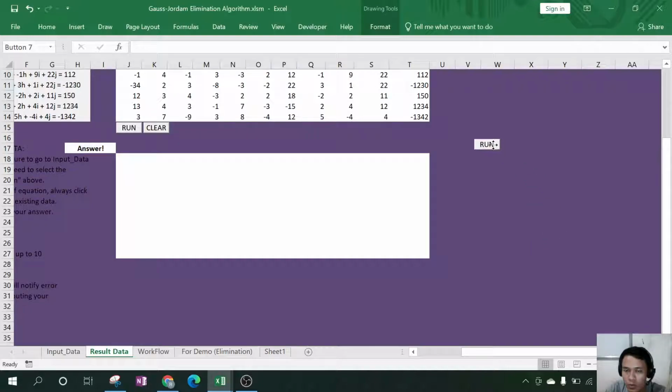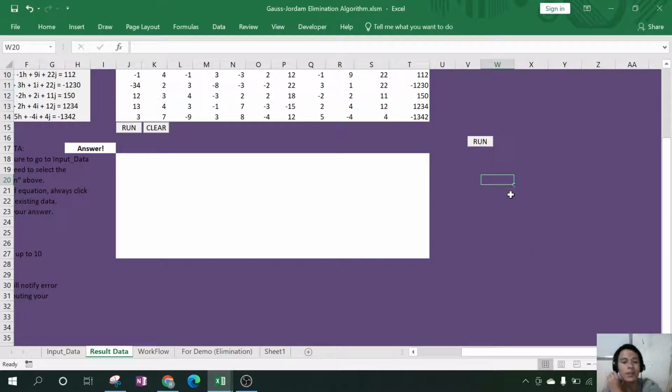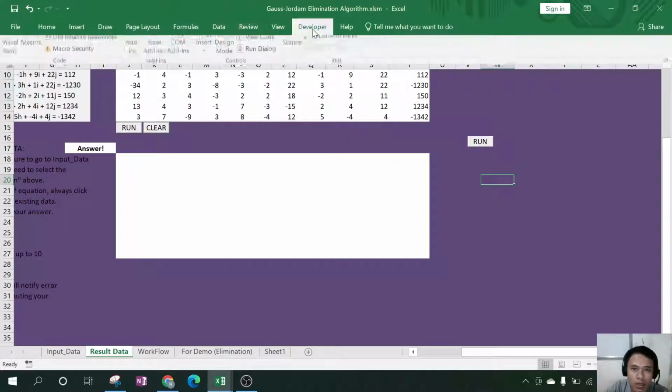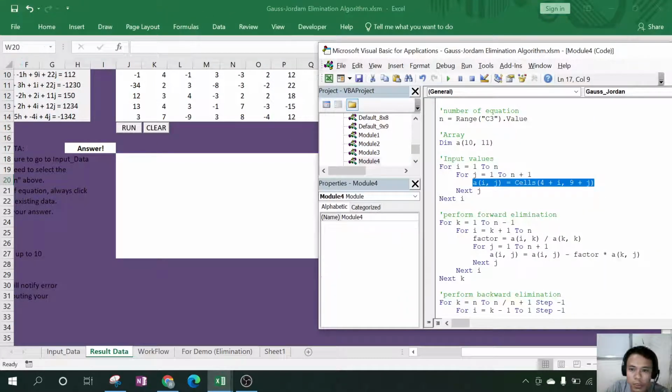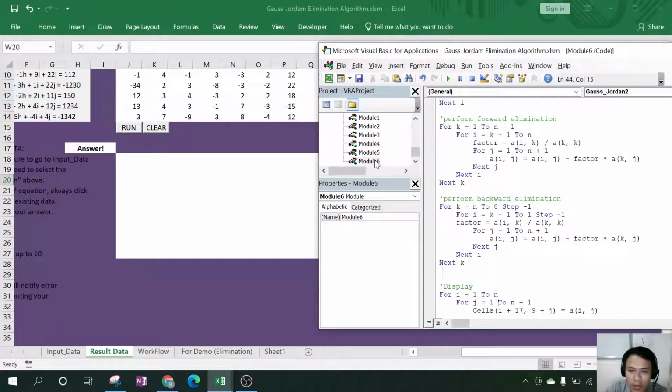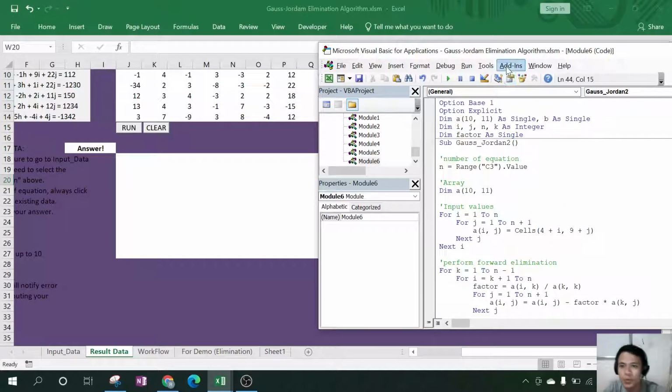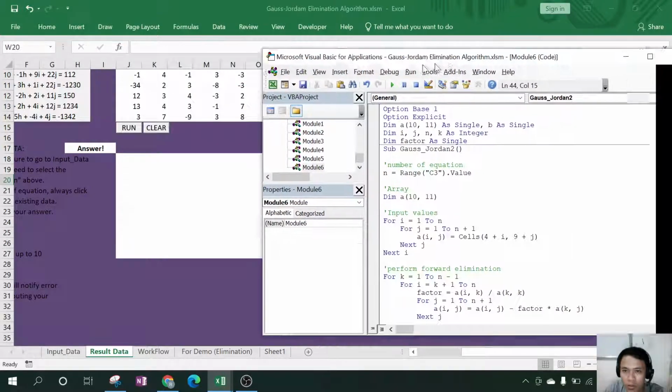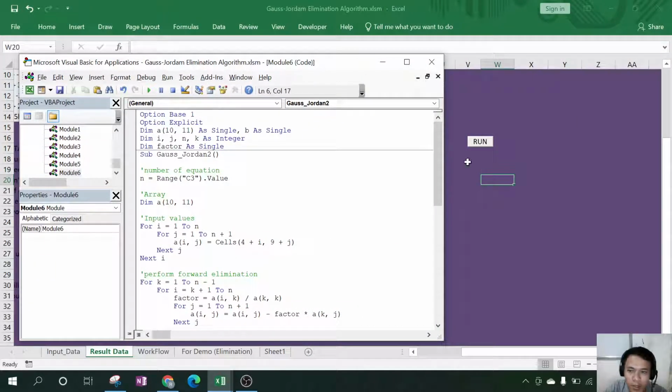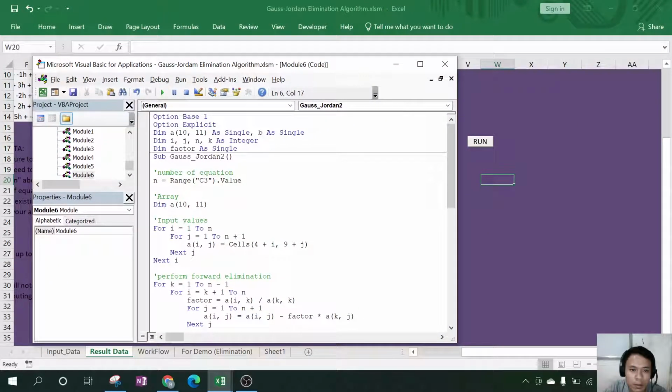Okay, so let us edit the command in the developer tab. Then let's go to our new module, which is Jordan 2, for that command.